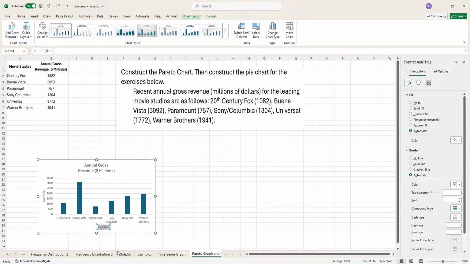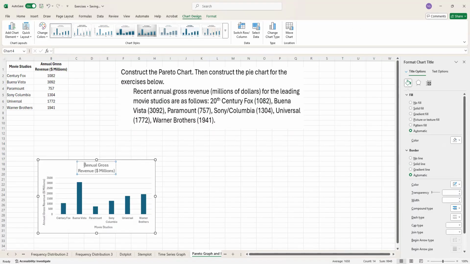The horizontal axis would be the movie studios, and the vertical axis would be the annual gross revenue in millions of dollars. Now I'm just going to call it a bar graph.